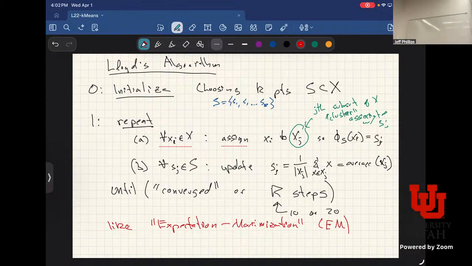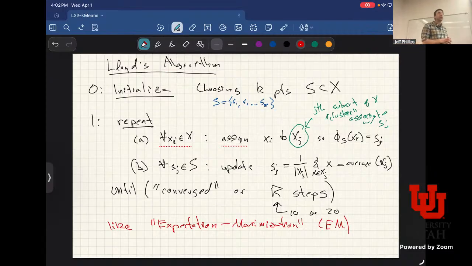Step A is easy, step B is easy. Trying to solve them jointly is hard, but alternating between them allows me to converge to something more complicated. These EM algorithms are all alternating optimizations where there are two pieces I know how to solve. I don't know how to solve them jointly, but I can solve each of them individually, and I alternate between them.